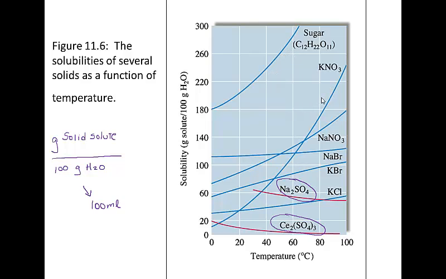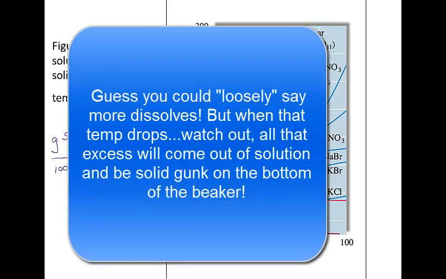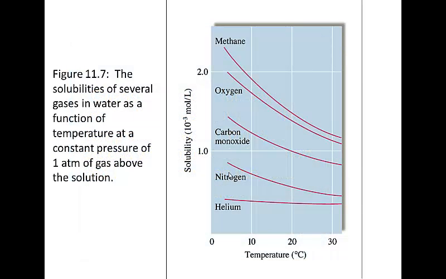Its solubility increases tremendously. And again, with a higher temperature, it doesn't necessarily mean more dissolves. It means it dissolves more rapidly than at lower temperatures. So again, solids vary with an increase of temperature. Gases do not. They all go down. The solubility of a gas will decrease with an increase in temperature.